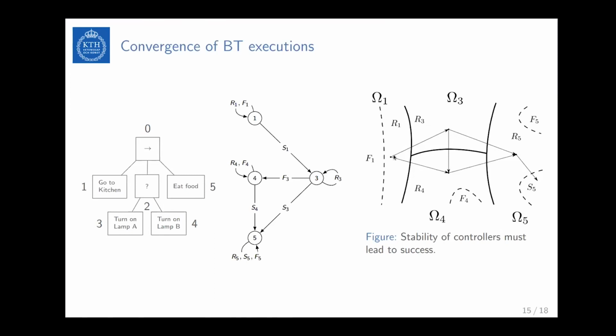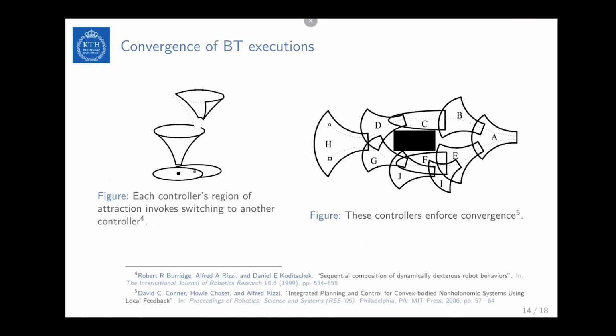So like you see here, if you just look at controller G here, you know that in finite time it will be in J. And if you apply that to every one of these controllers, then you end up with this acyclical graph.